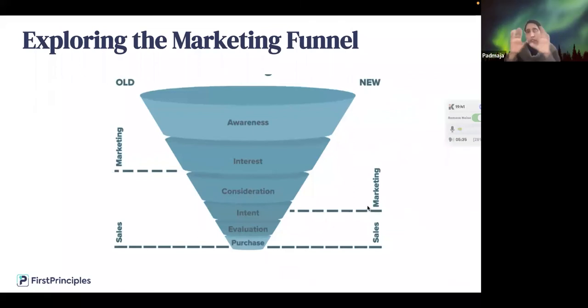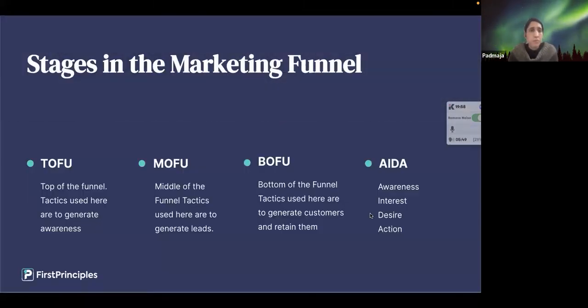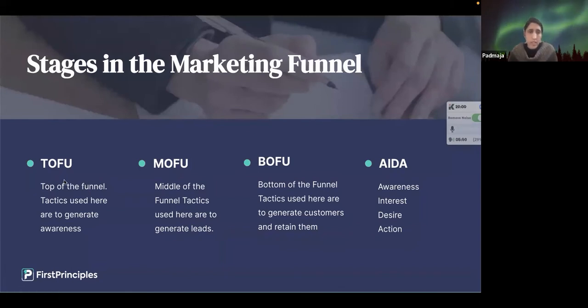So that is different. The funnel has not changed over the times. It's only where the demarcation stops. That's the only difference. And sales obviously is more about the evaluation and purchase part of it. These are the different funnels that have evolved over times, and these are the stages: the top of the funnel, middle of the funnel, bottom of the funnel.